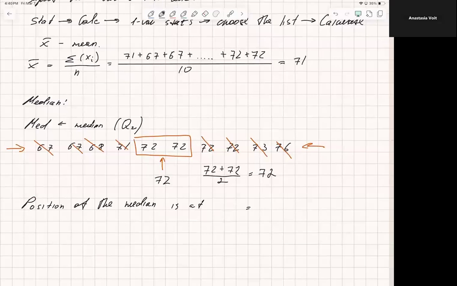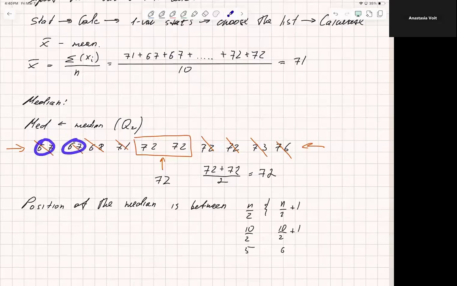So it is between n over 2 and n over 2 plus 1, which is, here, 10 over 2 and 10 over 2 plus 1, which is 5 and 6, right? So it's between values 5 and 6. So 1, 2, 3, 4, 5, and 6, exactly here, right?